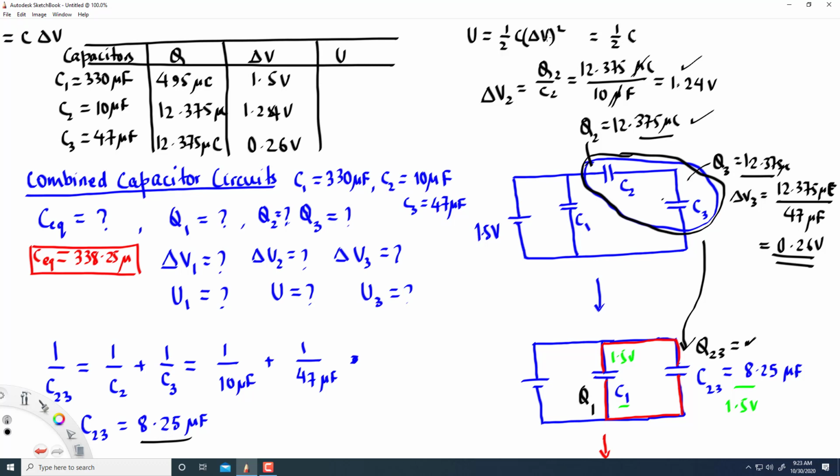Since Q is C times delta V, we can substitute delta V by Q over C. Okay, so instead of delta V we can write Q over C. So then if we simplify that, we get Q over C squared. So you can use either this one or that one, whichever you want.